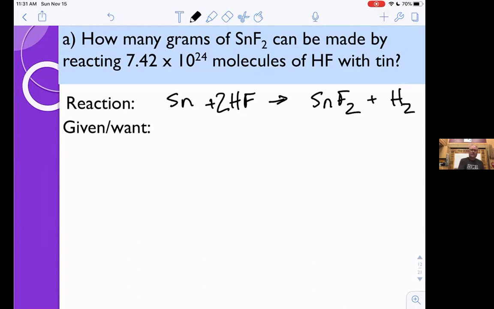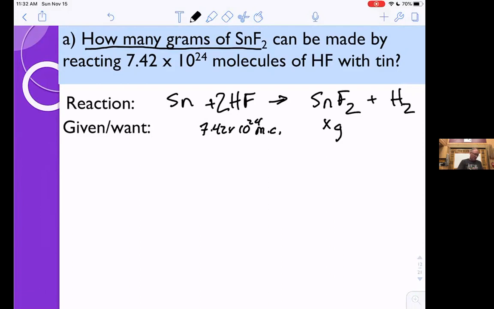My given in this case is not mass, so this is not a mass problem. We are looking for how many grams, though, of the stannous fluoride. So over here, I'm going to need to find that number of grams. In this case, I'm given 7.42 times 10 to the 24th molecules of this substance as my given.